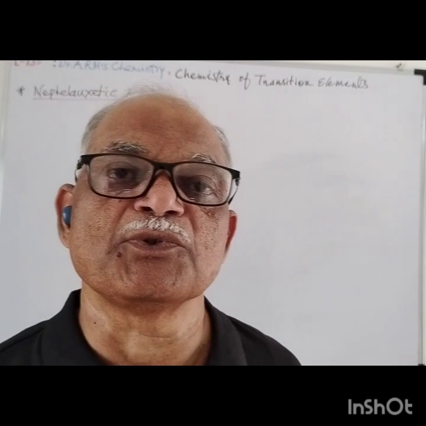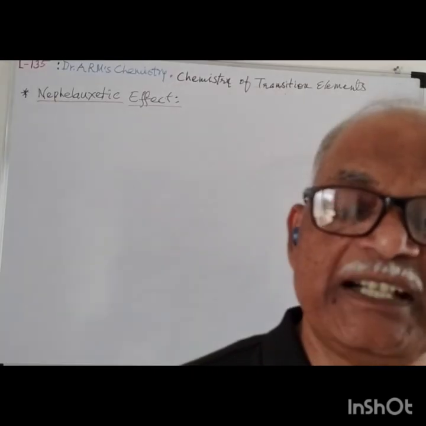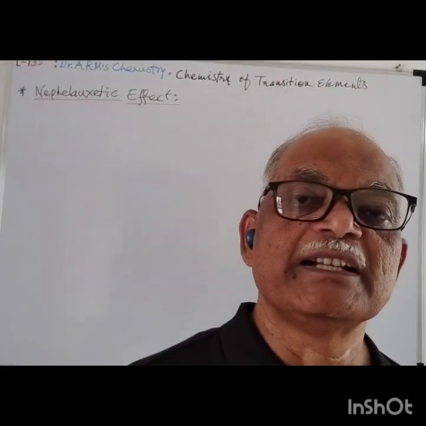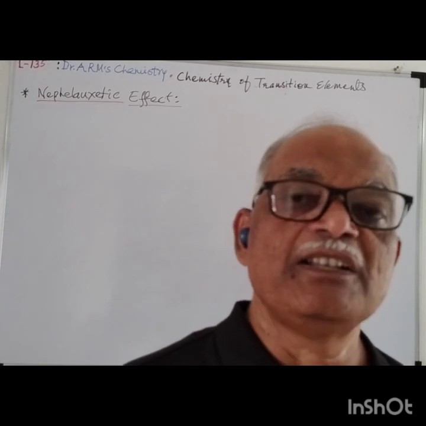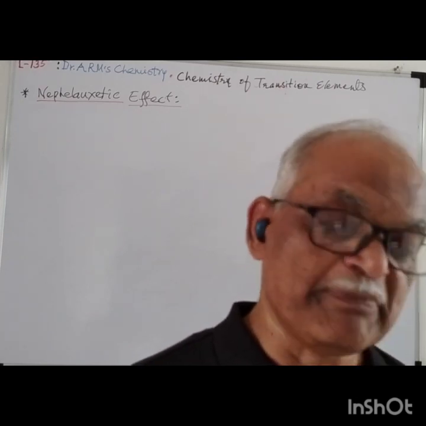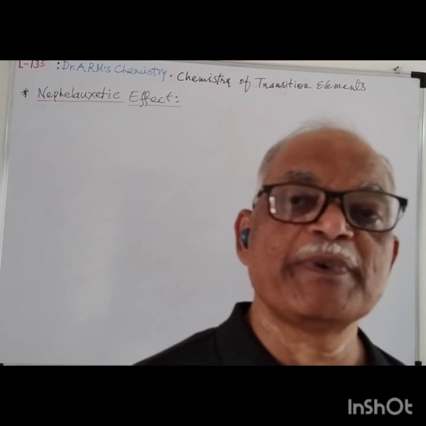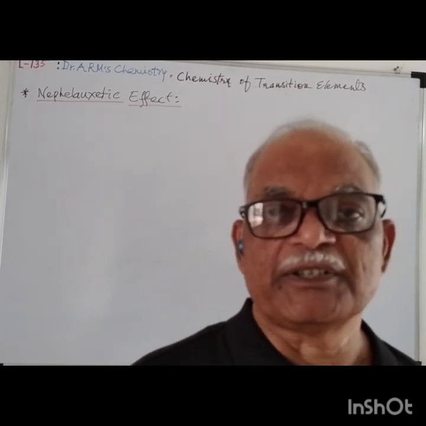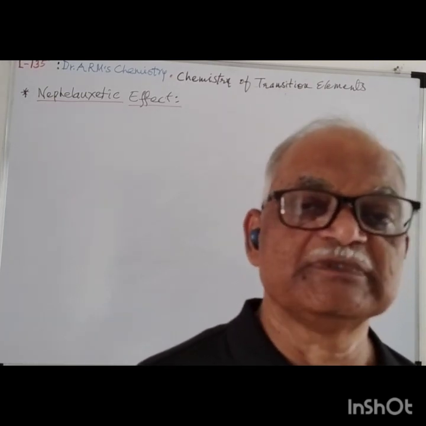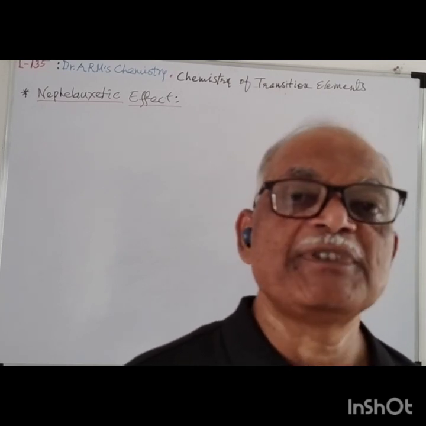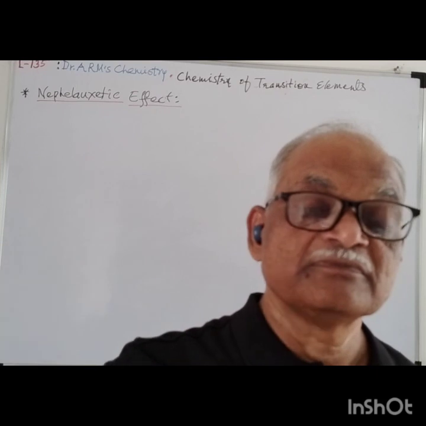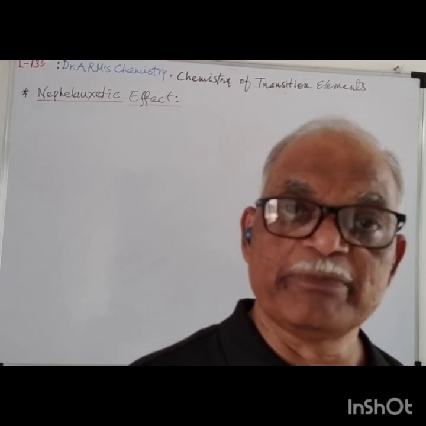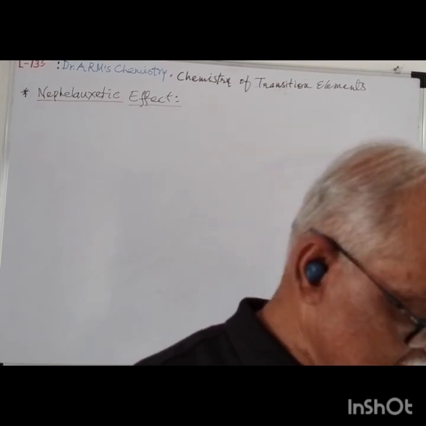Spectral data provides us the lowest energy absorption band, from which we can calculate the delta value, that is crystal field splitting energy, as well as we can find the beta value, and also we can get the value of reduction in inter-electron repulsion. In other words, we can say it will tell us how easy it is to force the electrons for pairing in the complex because of the Nephelauxetic effect.